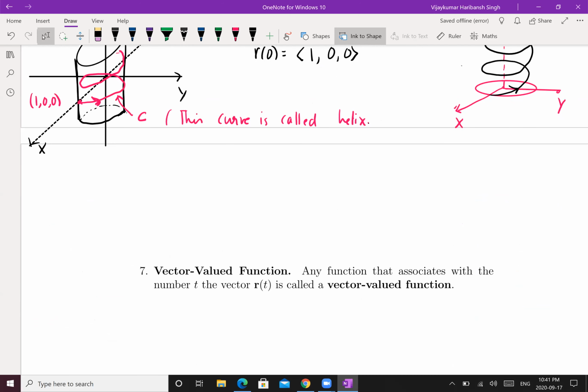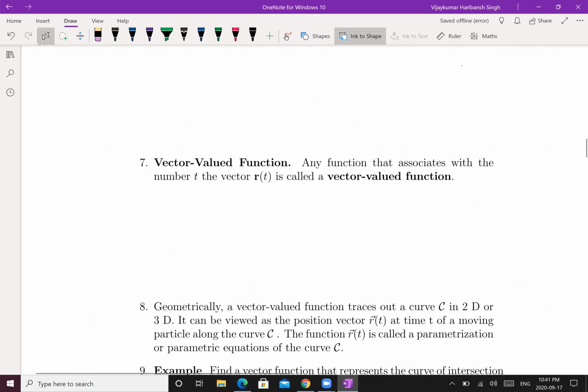And now this gives us the idea of a vector valued function. So what is a vector valued function? Vector valued functions are functions whose values are vectors. So in our course, we are going to restrict to functions from some subset D of R to V3 or V2.